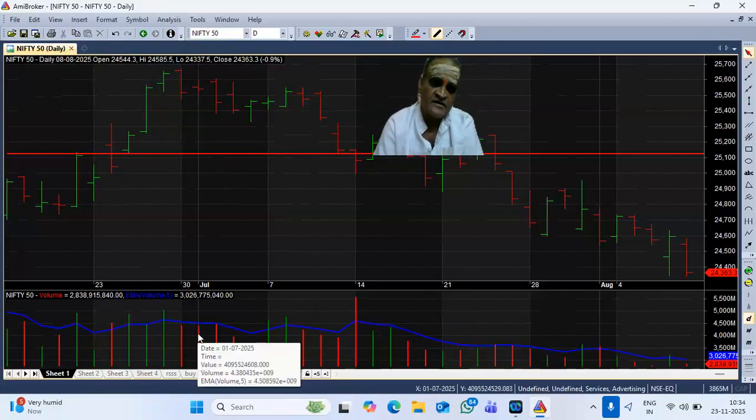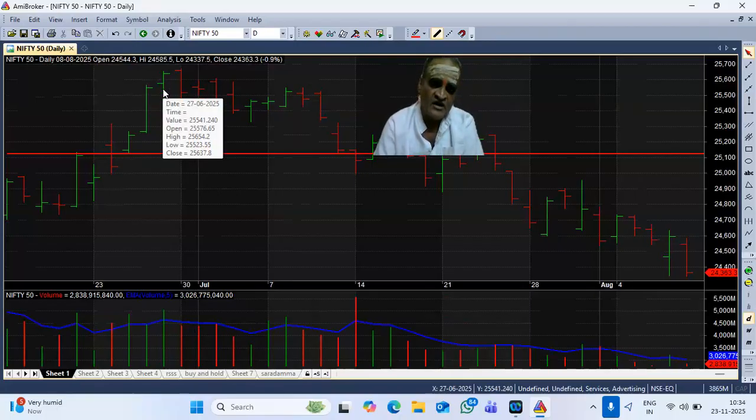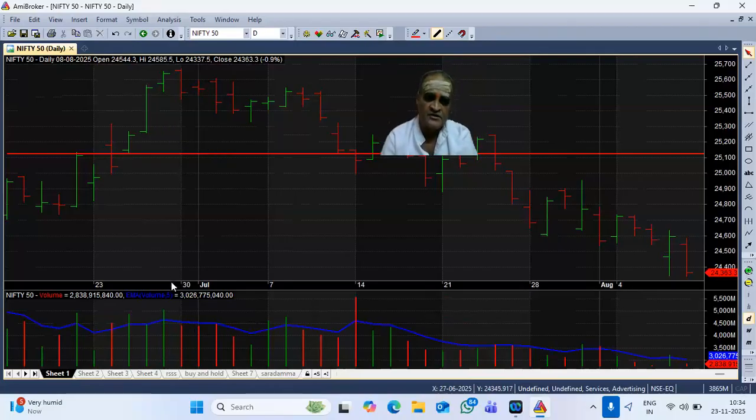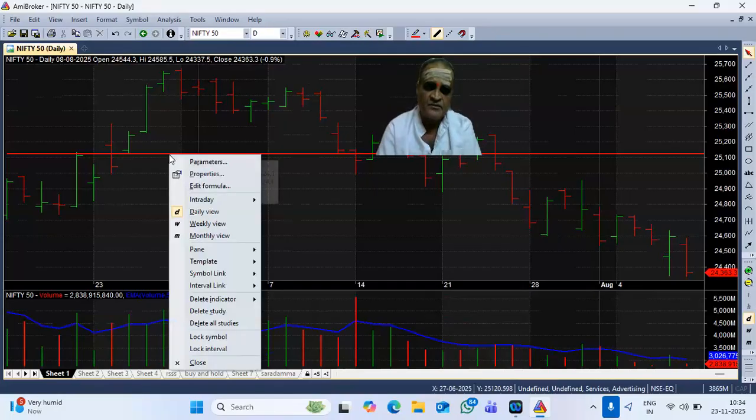That is important. First thing is the length of the bar is smaller compared to the previous bar, and the volume on this day is less compared to the previous day.